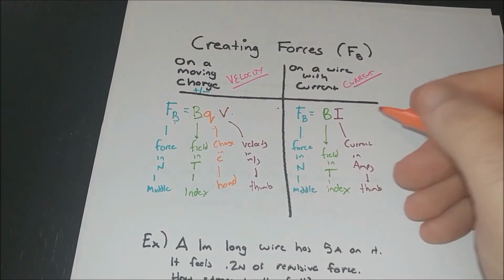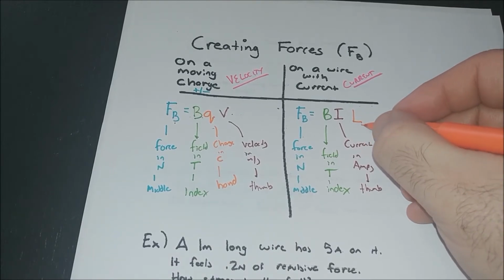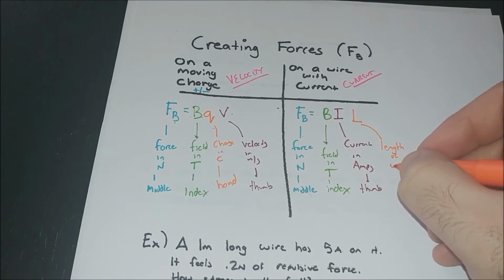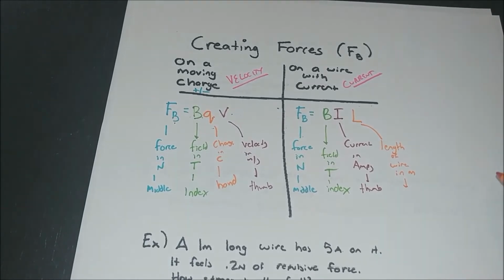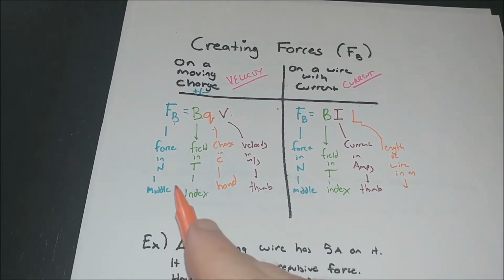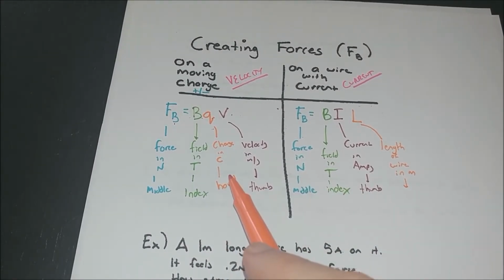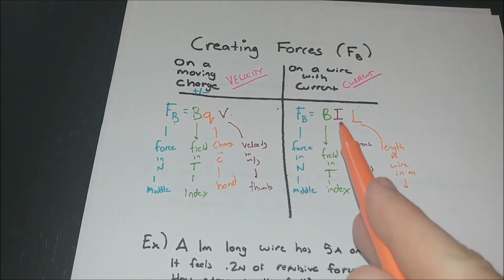And finally, wires have lengths in meters. And this is no part of your hand. It's just the length of the wire. So you can see here, you have all three fingers represented. And for charges, you have a positive and negative, which represents your hand. These are the two ways to calculate the values.